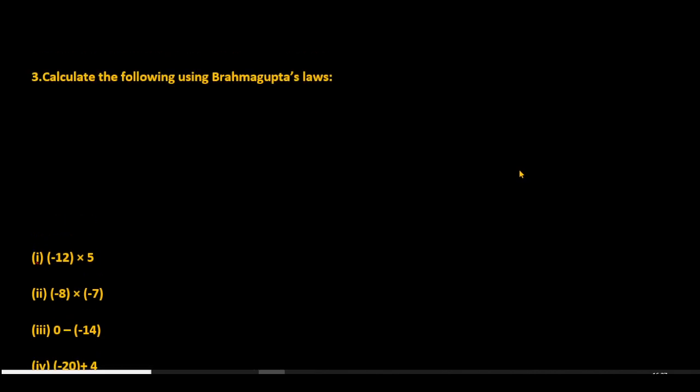Calculate the following using Brahmagupta laws. What is Brahmagupta law? Fortune is plus. Fortune means we need to add, and debt means we need to subtract. So, what is the addition rule? Plus, when we are adding fortune to fortune, we will get fortune.